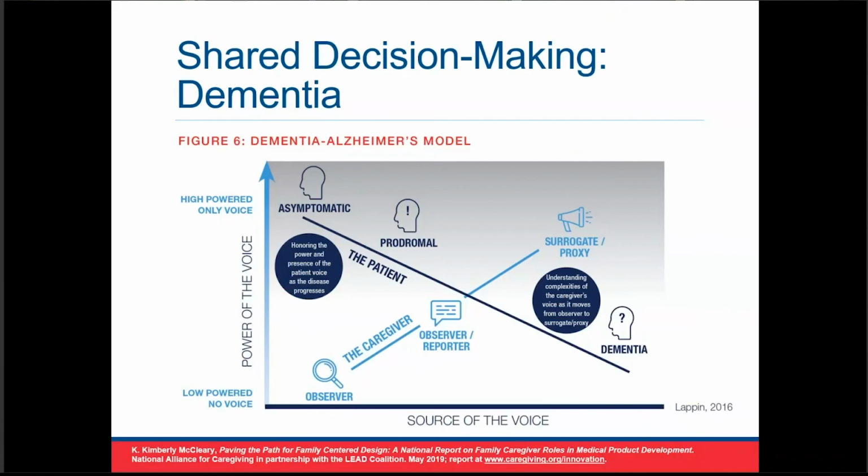So you can see here that the person with dementia is in the dark blue, and their voice is louder at the beginning stages of the disease when they're asymptomatic. But as time goes on and the disease progresses, their voice gets quieter, and the caregiver moves from an observer position to more of a reporter, and even sometimes acting as a surrogate or proxy.